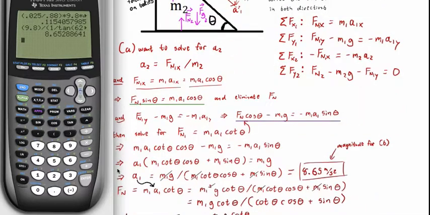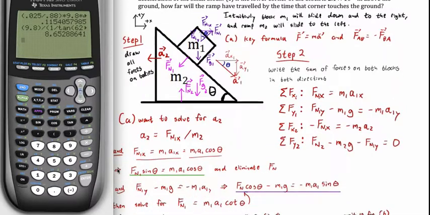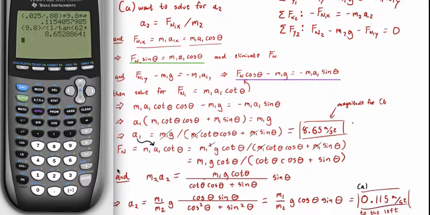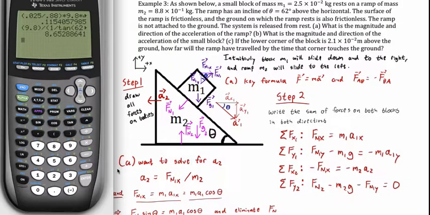So we know that it's going down at an angle of 62 degrees, so we can say down and to the right, at 62 degrees below horizontal. So that answers part B.